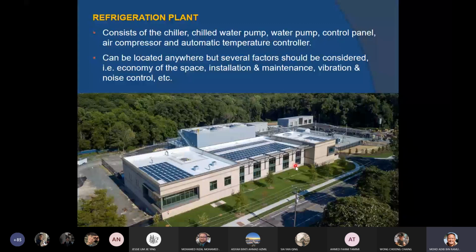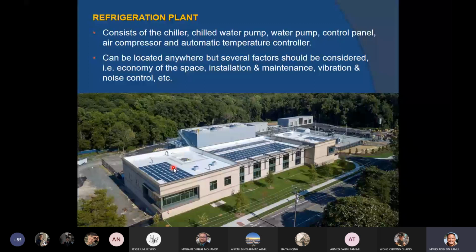In this case, you can see the corner window, just like any other office building, but it's actually a plant room. And basically, what's inside this plant room is all the components like chillers, pumps, that kind of thing.